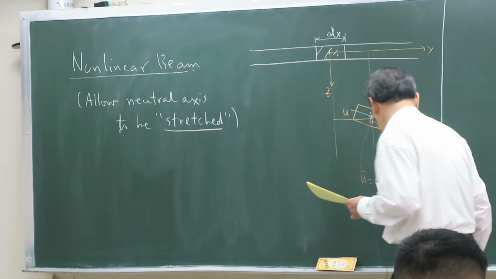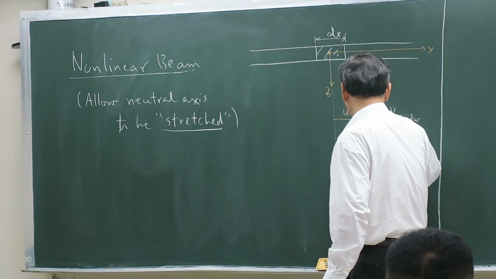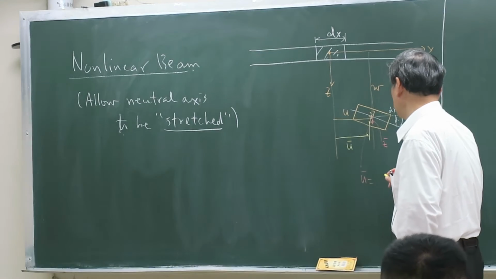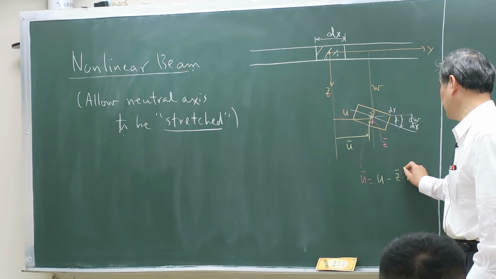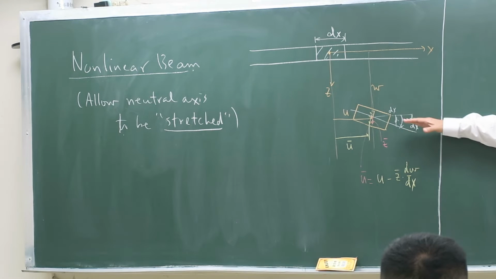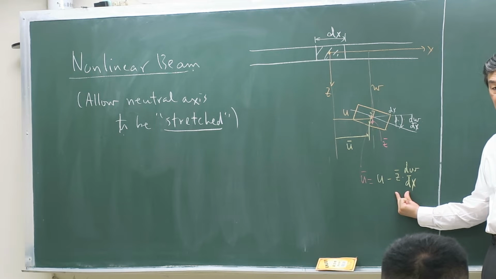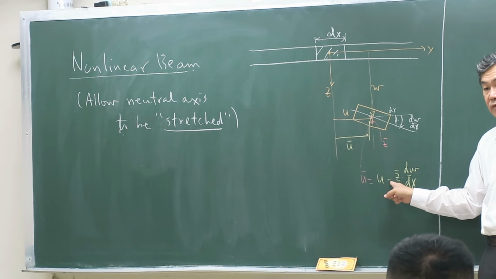u bar is here, because this point moved to here. So this is u bar, and u bar is equal to u minus z bar dw/dx. Because of this rotation, this small displacement is z bar times partial w partial x, but it's toward the left side, so we put a negative.